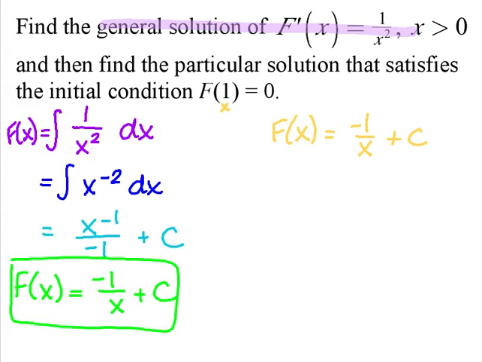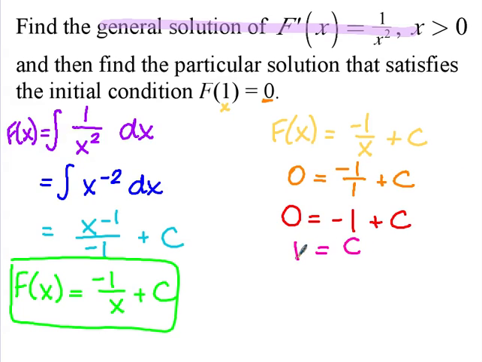And so I'm going to utilize this bit of information. What this states is that I'm going to replace f of x with 0, and I'm going to replace x with 1. Now I need to solve that for c. Negative 1 divided by 1, I know, is negative 1. So what does c have to equal? 1.